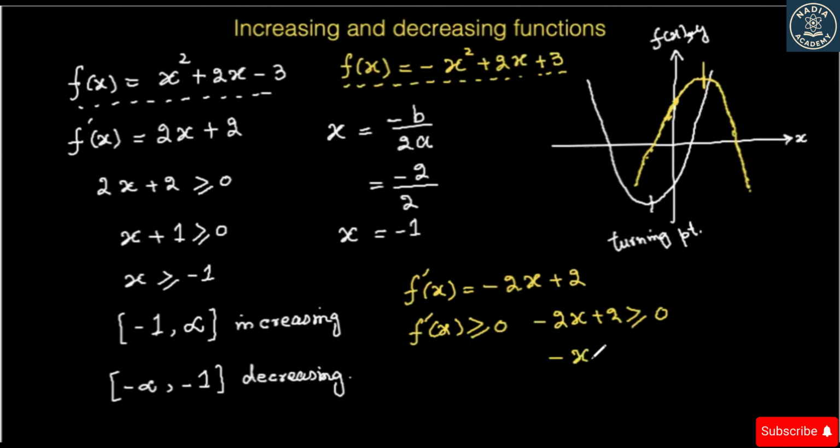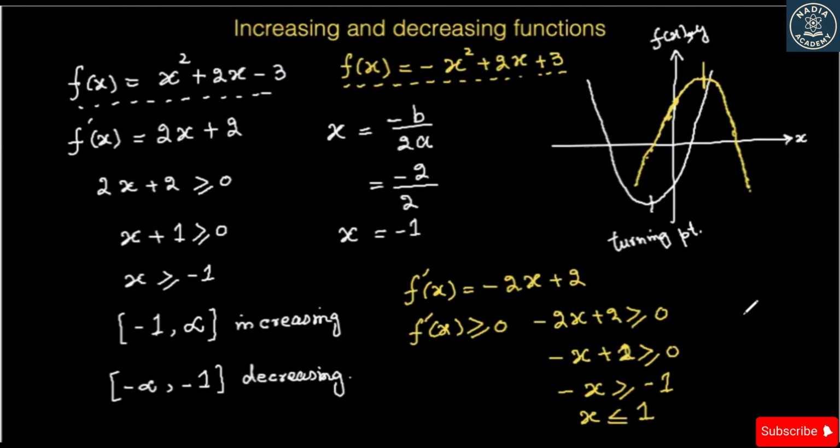So negative x plus 1 is greater than or equal to 0, which means negative x is greater than or equal to -1. Now to remove this negative sign, we need to divide by -1, and then the sign of the inequality will flip. So x is smaller than or equal to 1.